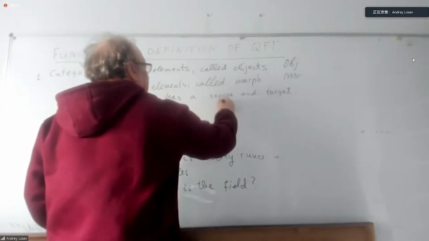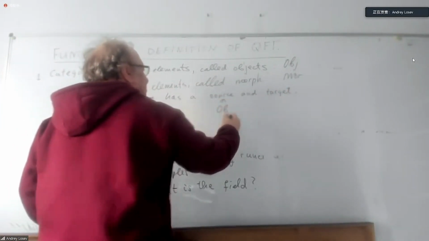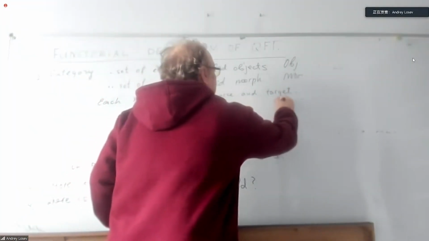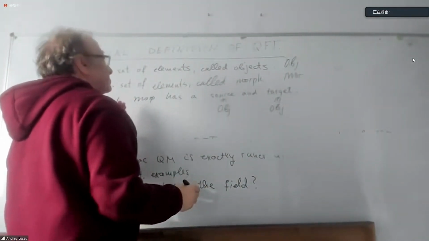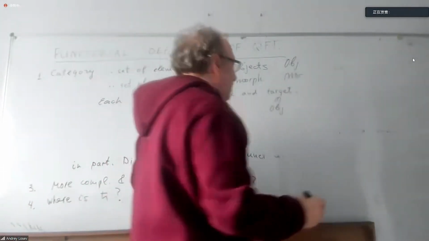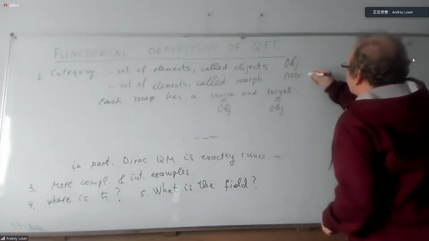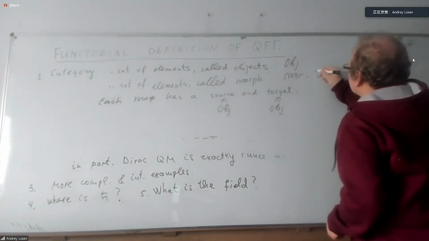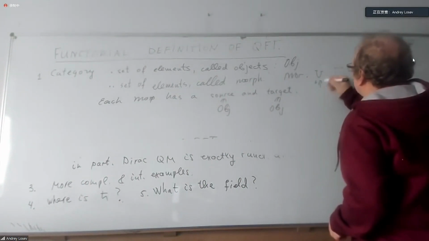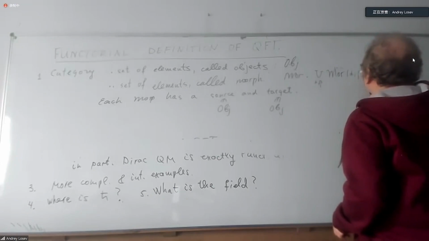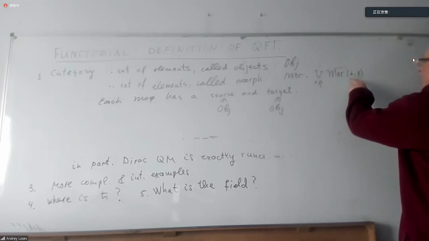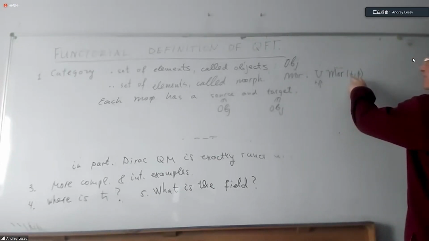The source belongs to objects and the target also belongs to objects. So actually the set of morphisms is the union over alpha, beta of morphisms alpha beta, where alpha is the source and beta is the target.